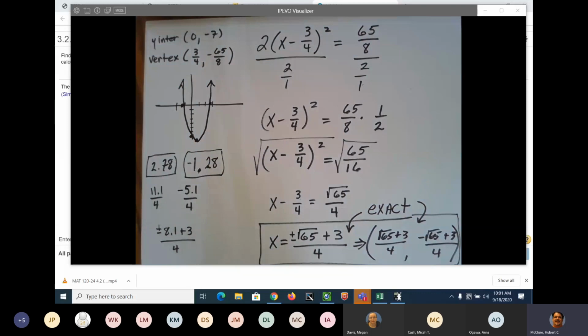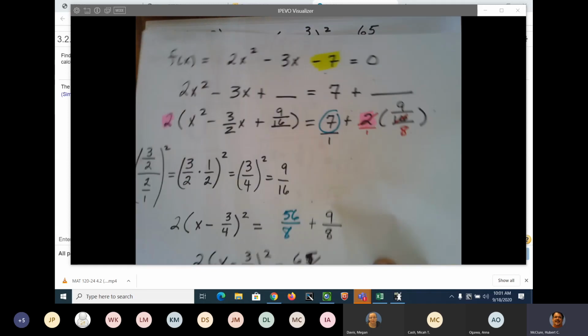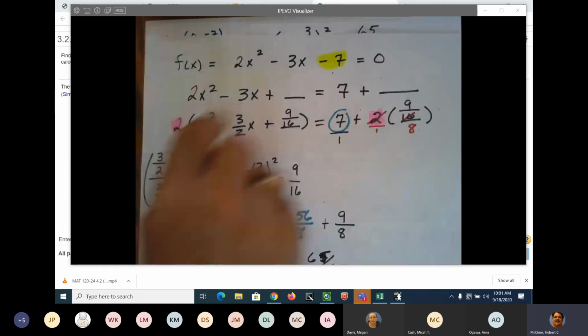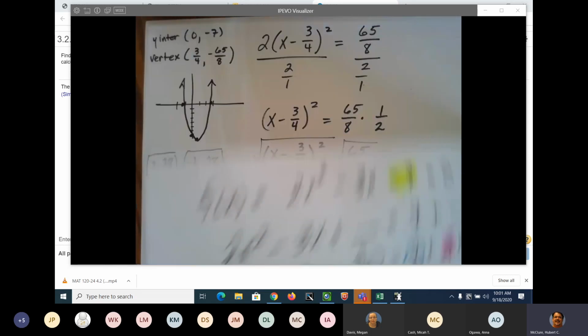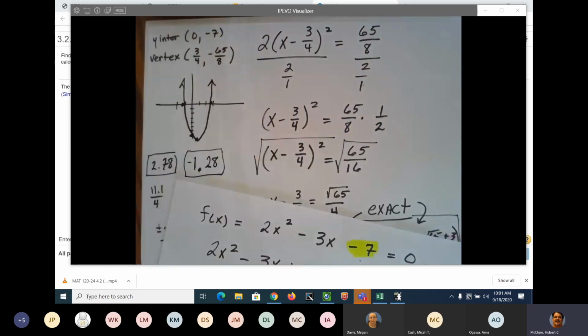There you go. Now, of course, you can check these with your calculator. All you got to do is type in y is equal to 2x squared minus 3x minus 7 and check it to see if it looks like that.